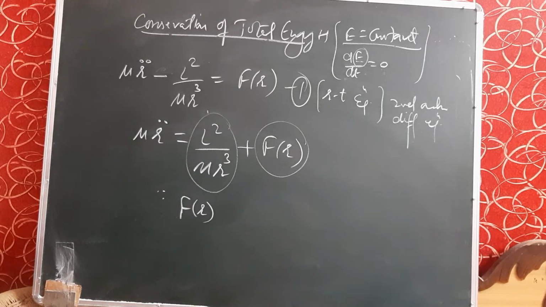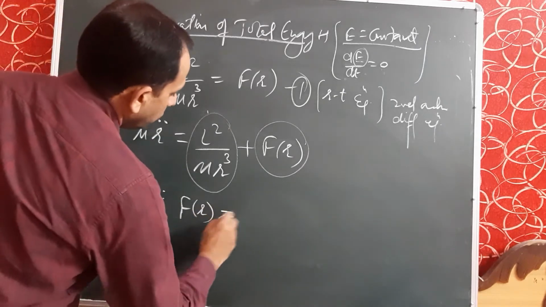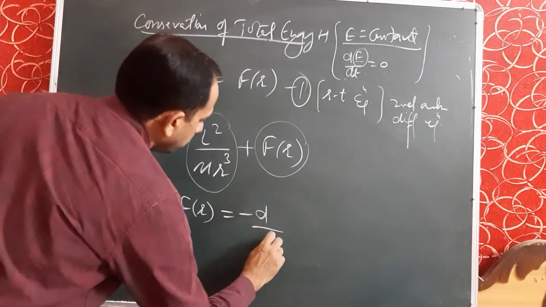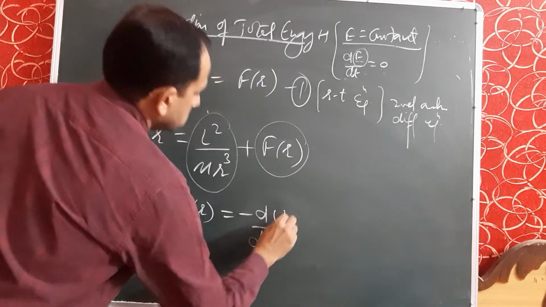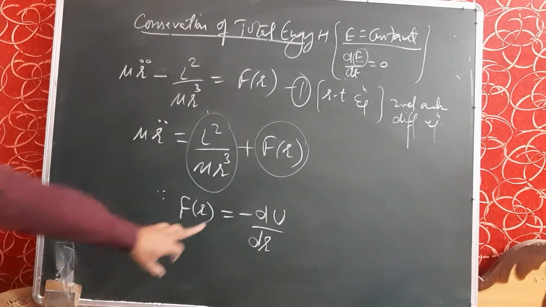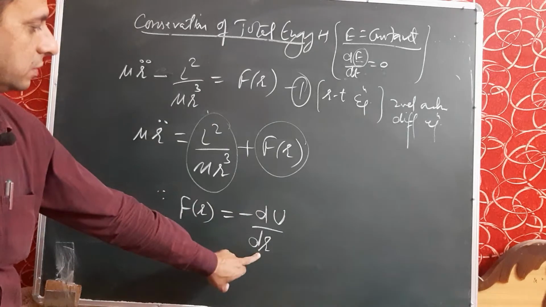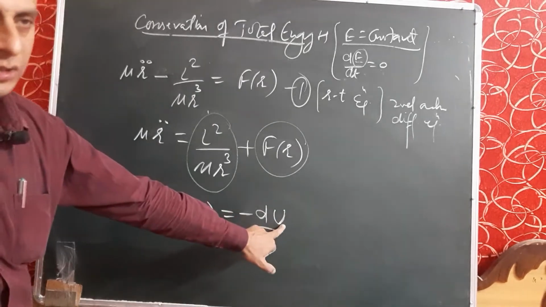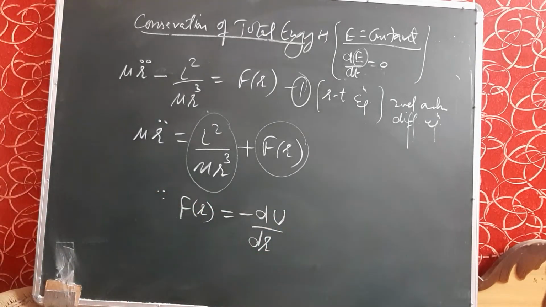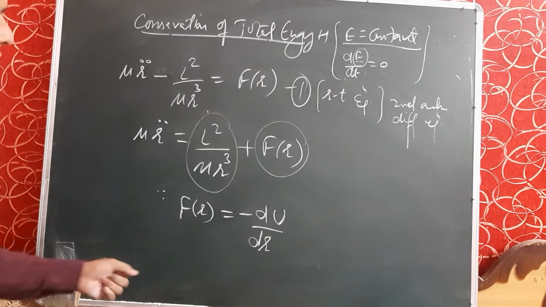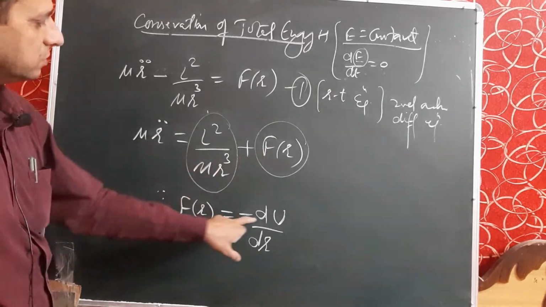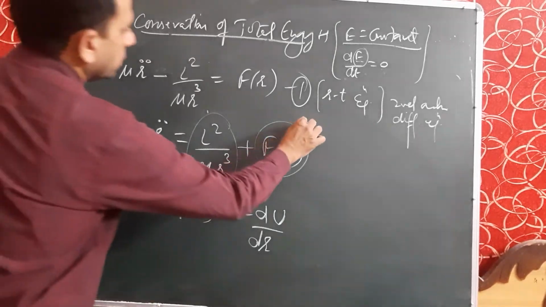The conservative force is that force which may be produced from a scalar function, that is minus du upon dr. The negative gradient of potential energy is equal to the force. So this is the formula for conservative force, and I will put f of r as this differential form.